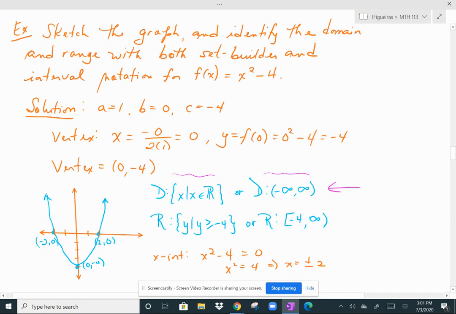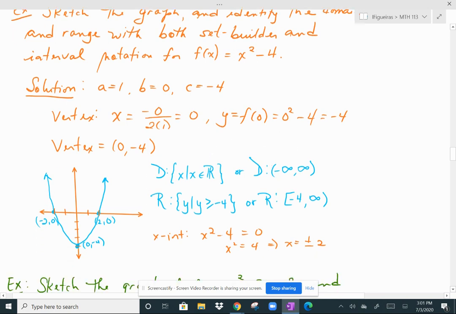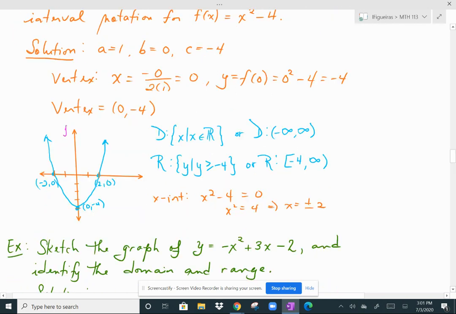But your range, well, it really helps to see the graph. Your range is all possible values of y. And here's your y-axis. So if I look at my y-axis from smallest to largest, meaning from the bottom to the top, the first value that y obtains or results in this function is negative 4.